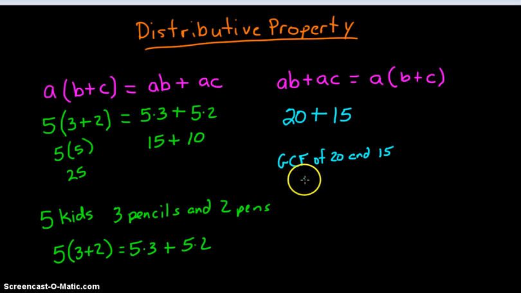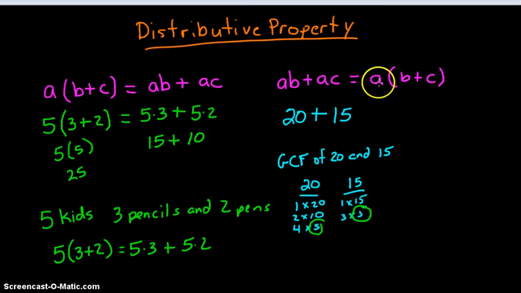One method would be to list them. 1 times 20, 2 times 10, 4 times 5. 15 is 1 times 15, 3 times 5. Greatest common factor is 5. So that's the number that we're going to pull out for A here.